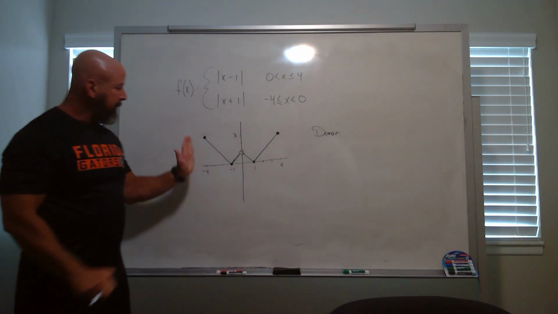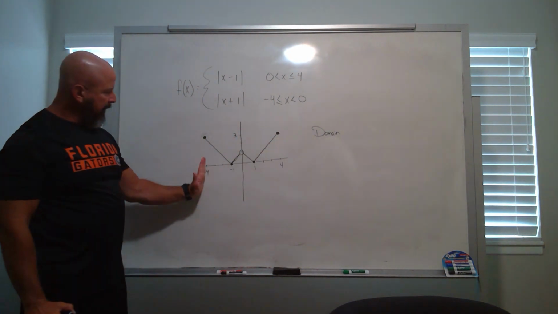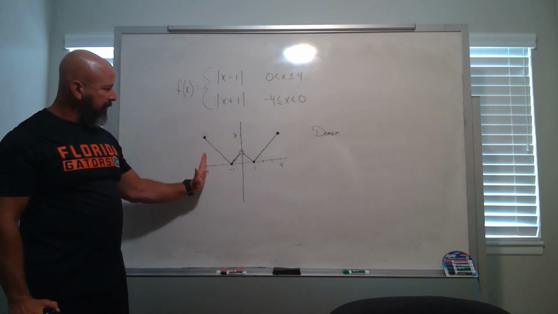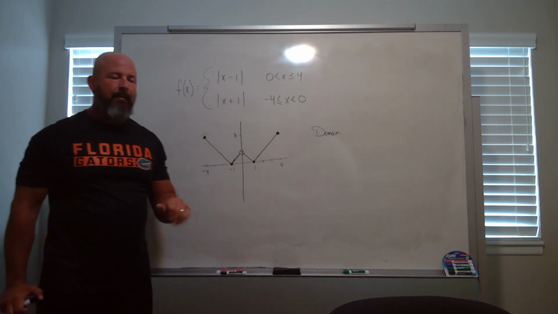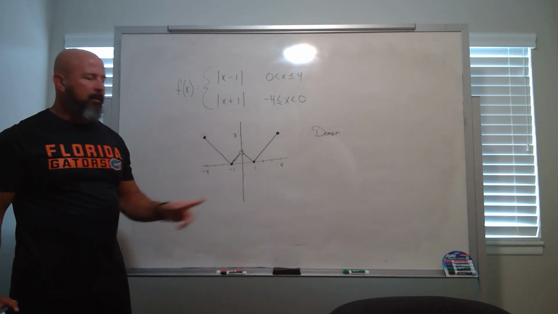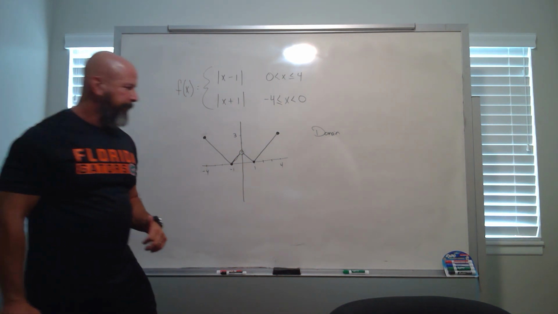We are left to right. We're going to start at negative 4, x value is at negative 4, and go all the way to 4, except we're leaving out the 0 because I've got that open circle there.